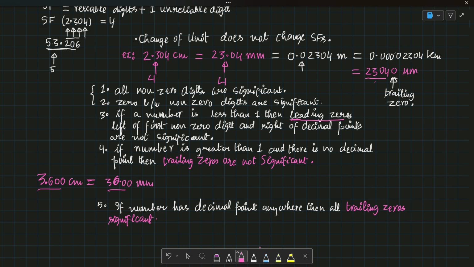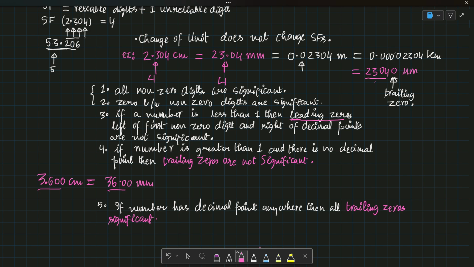It doesn't matter whether the number is greater than 1 or less than 1. Change of unit does not change significant figures. Hopefully there is no doubt about this.